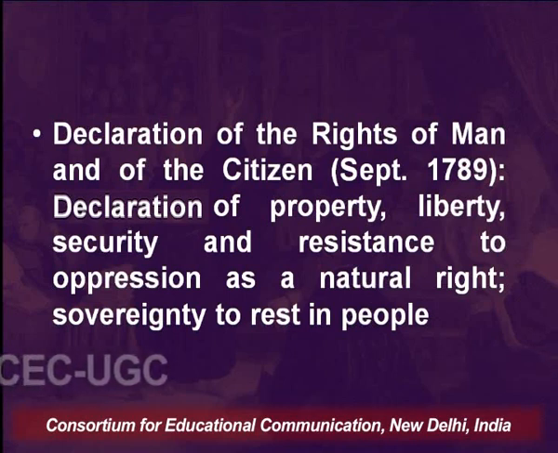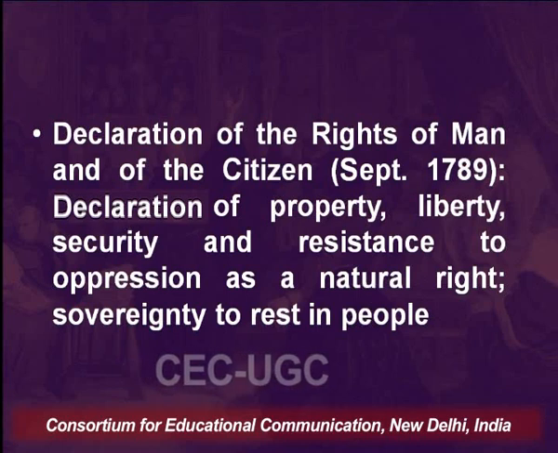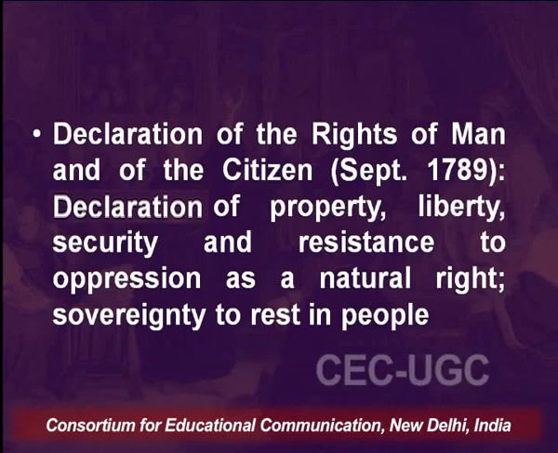It declared property, liberty, security, and resistance to oppression as natural rights. What do we mean by this? We mean that as man is born, there are some inalienable rights with which he is born, and property becomes an inalienable right, that is, the right to property.